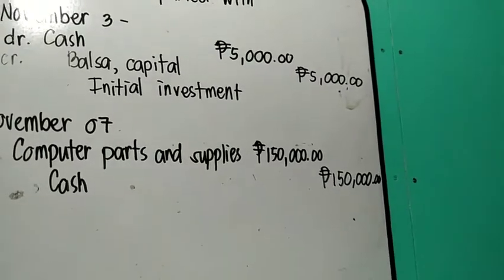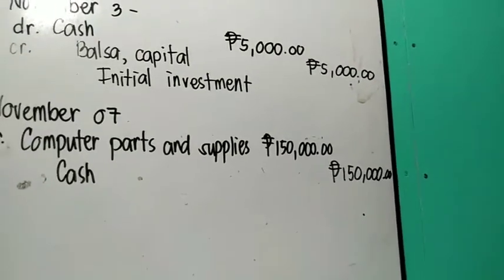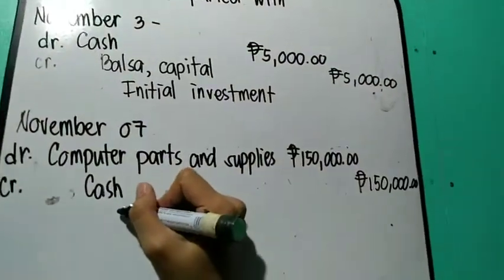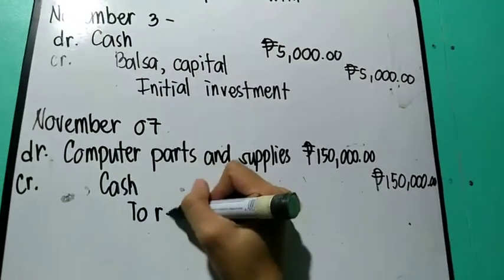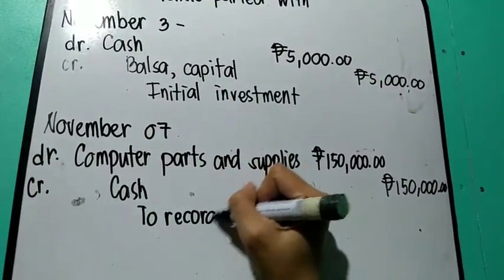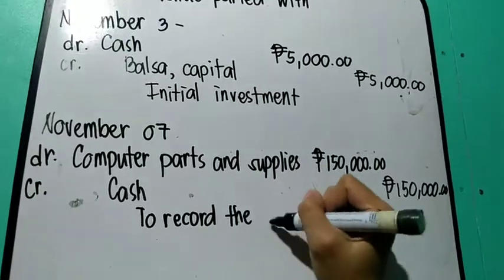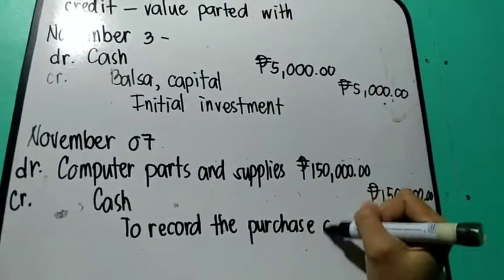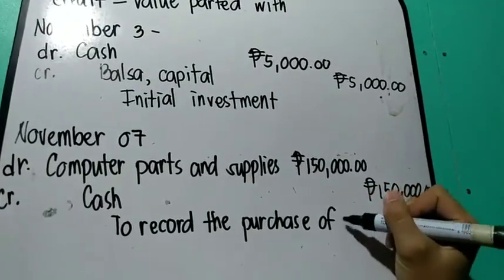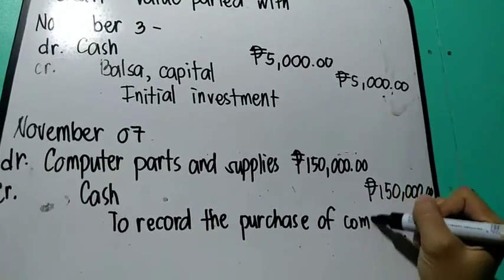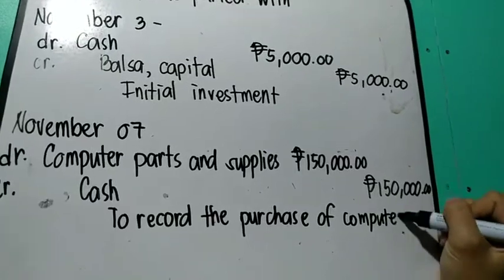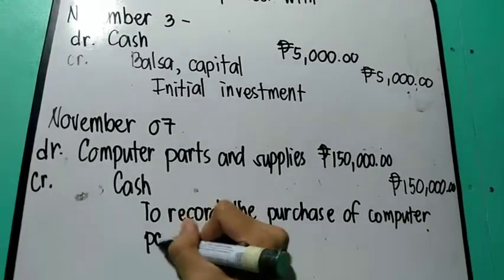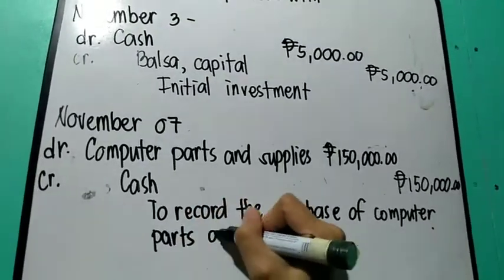All right, so for the short explanation, you can say to record the purchase of computer parts and supplies.